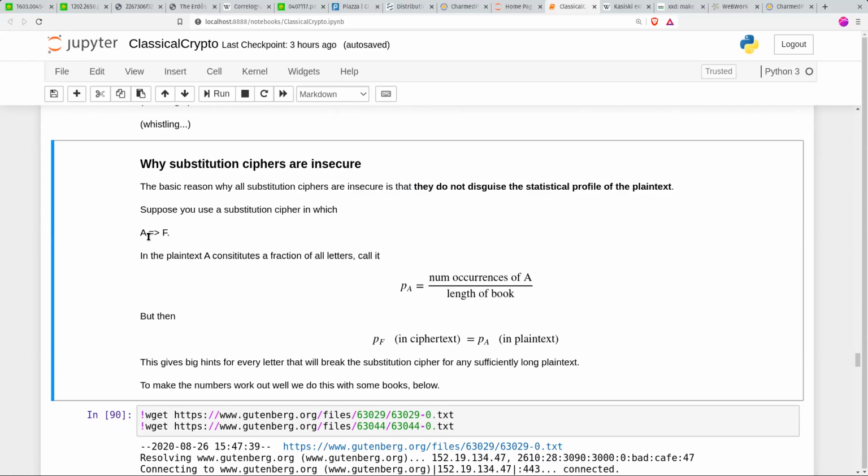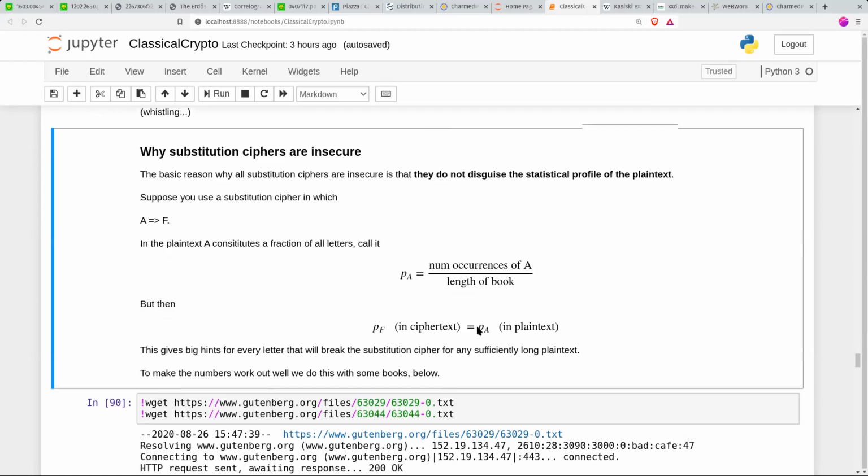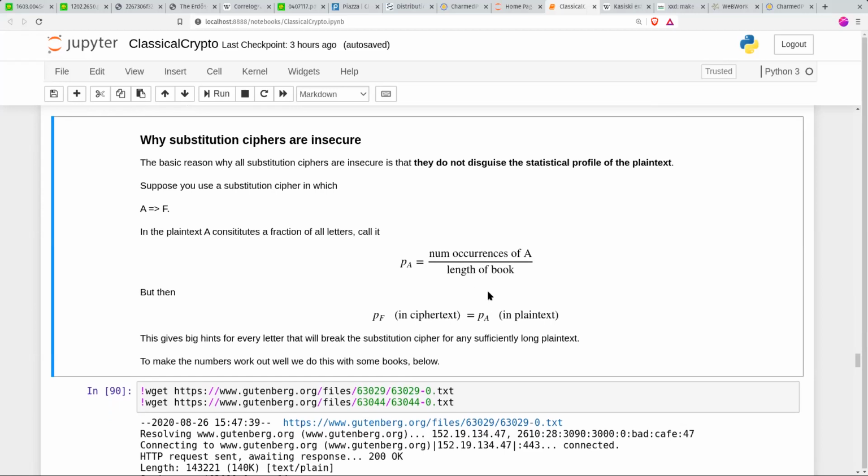Then if A corresponds to F in the substitution cipher, even if it's using all the possible permutations as a possible key, the probability of F in the ciphertext is still going to be equal to the probability of A in the plaintext. And it turns out that in English, the letter frequency doesn't depend on exactly which book or which paper you're talking about.